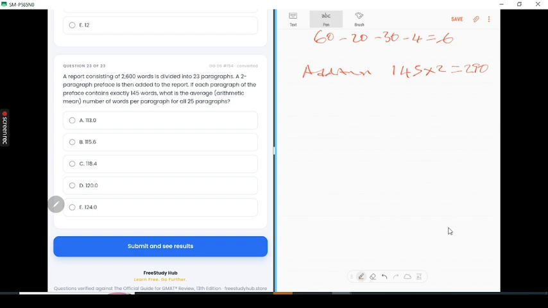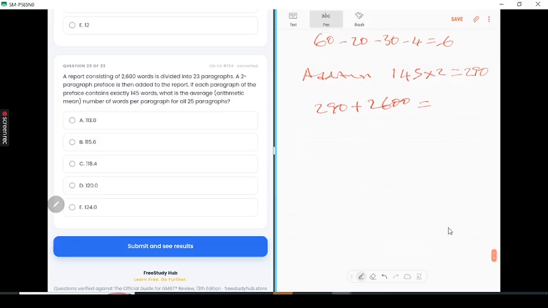Then 290 plus 2,600 words is what? Let's just put it here. Average equals 290 plus 2,600 over the total now. Remember, it was 23 paragraphs plus 2 more paragraphs. That is divided by 25.